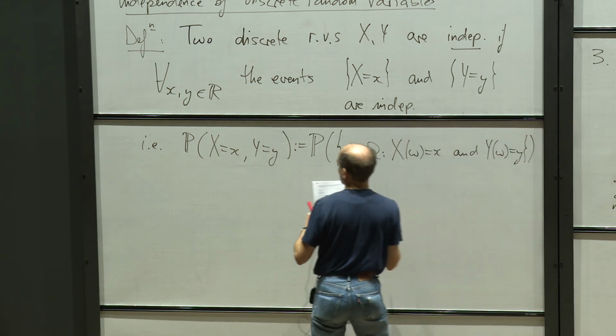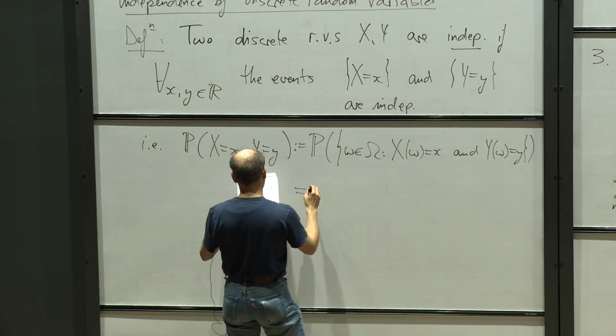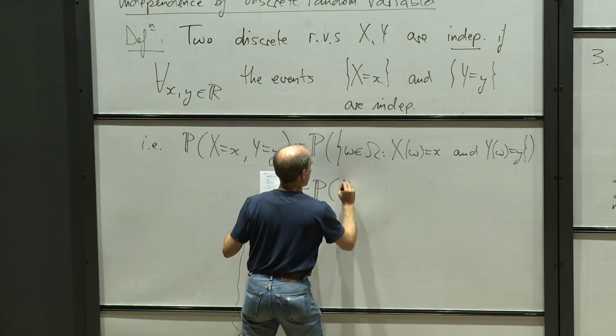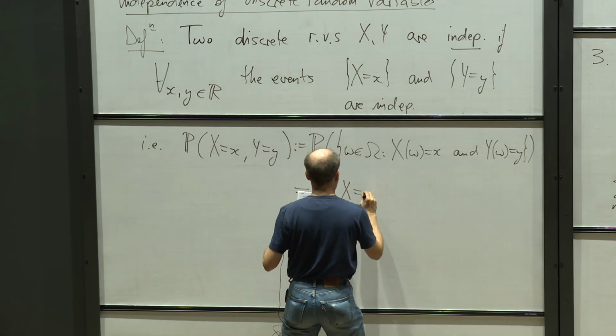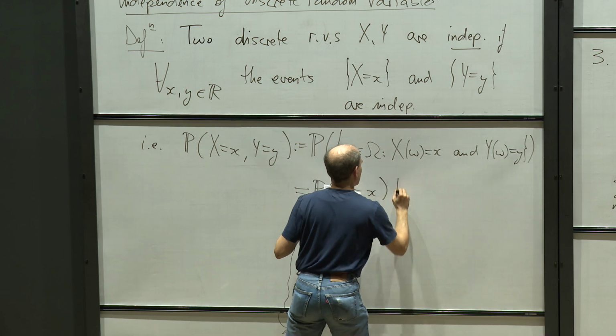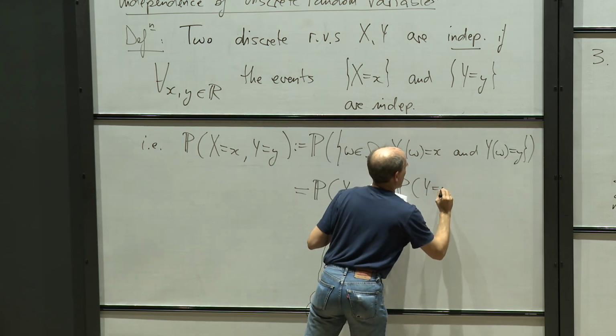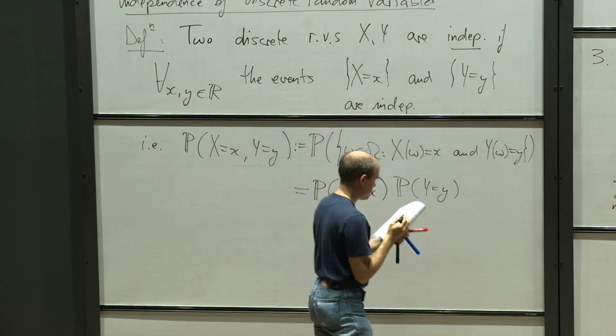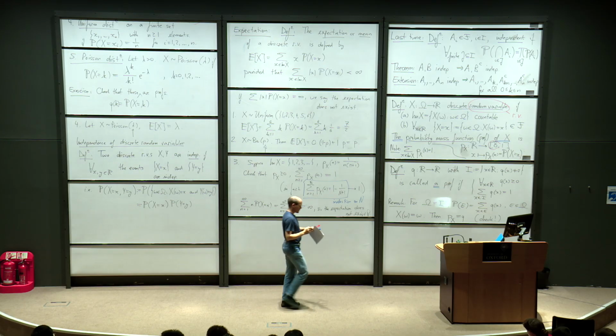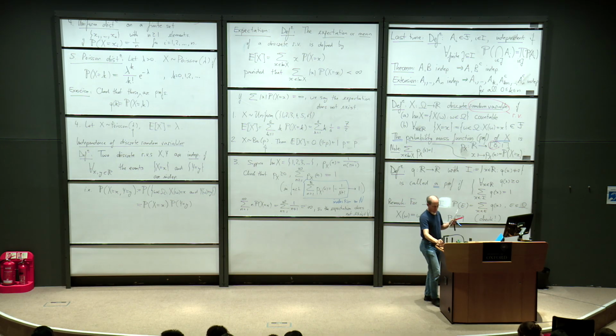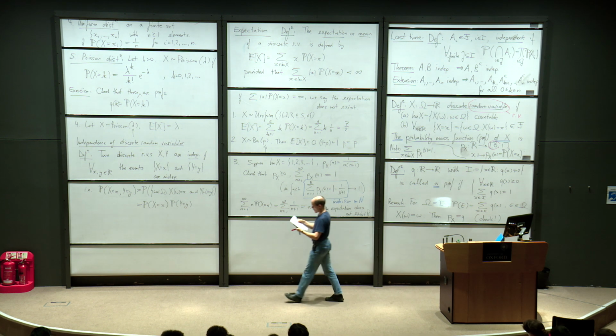It's the probability of that event that has to factorize into the probabilities individually of the event X equals x and the event Y equals y. Okay, that's a natural definition of independence in the context of random variables.